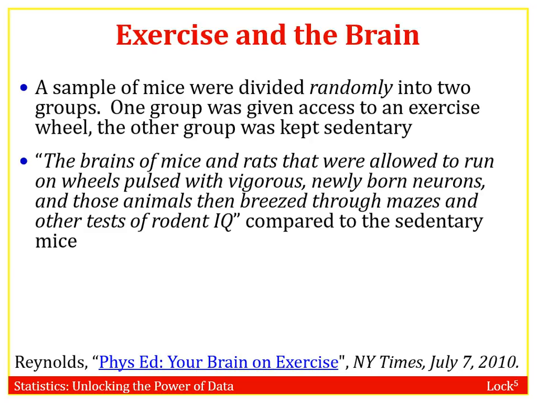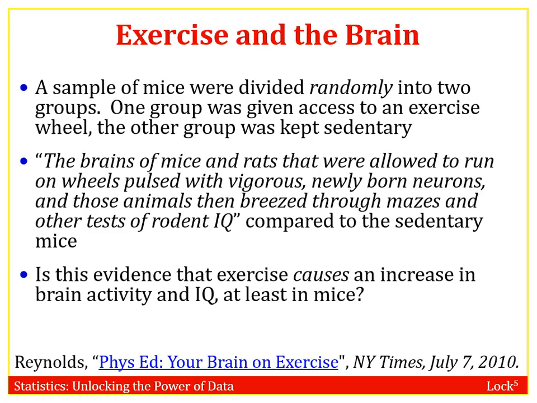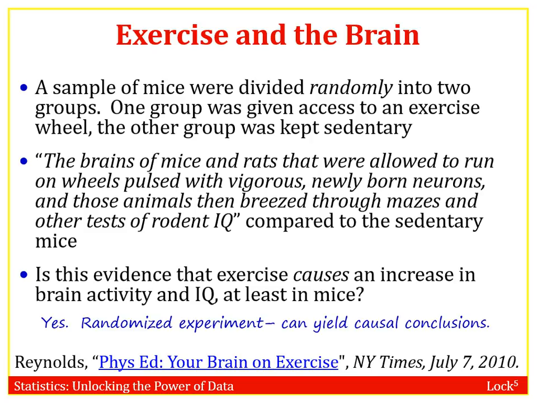So, read through this. Do you think there's evidence that exercise causes brain activity to increase here? Yes, because it was a randomized experiment. Therefore, we can say one causes the other. We can have causation.